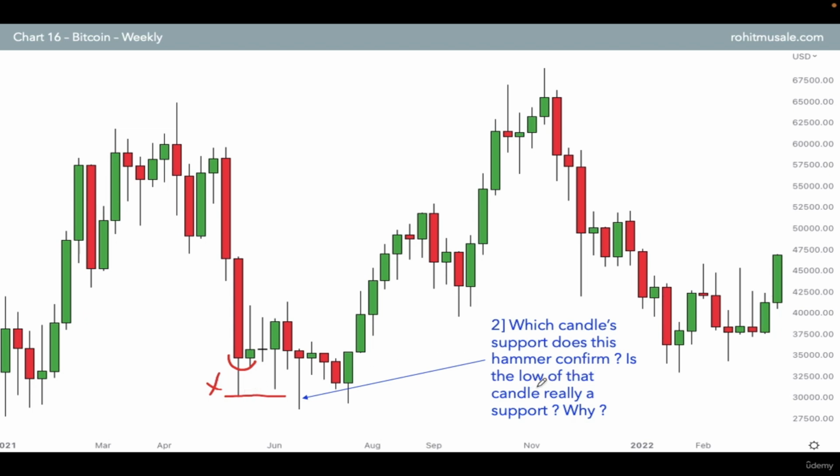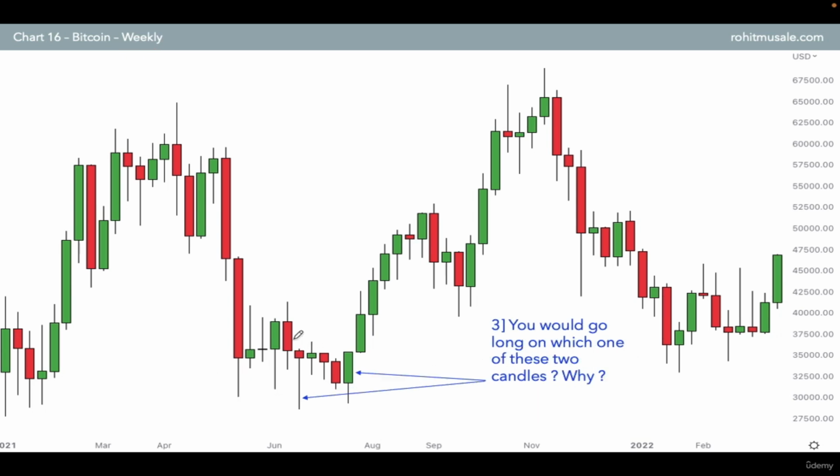So the low of that candle is not really support other than the fact that since it's a weekly chart, the candle occurred 4 or 5 weeks prior to the hammer. So that is why this becomes important. But in general, I wouldn't consider the low of such candle as a support unless it is confirmed by some other future price action.